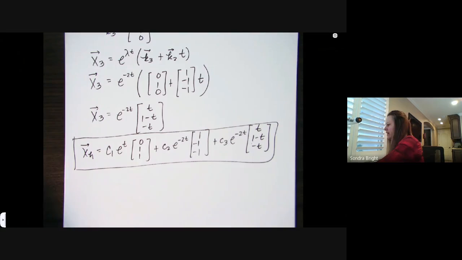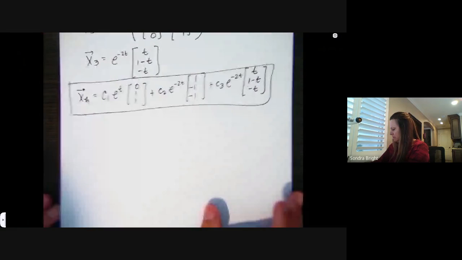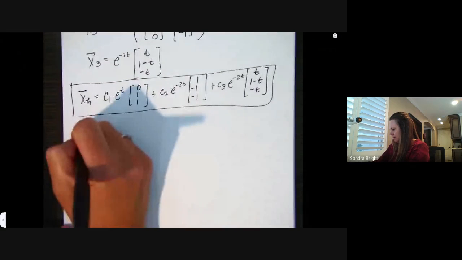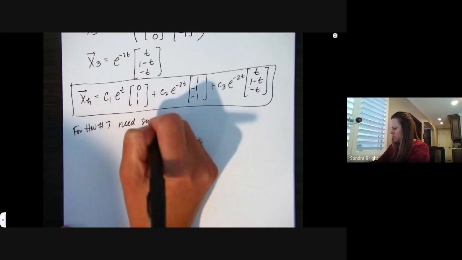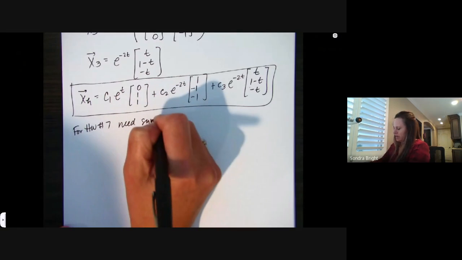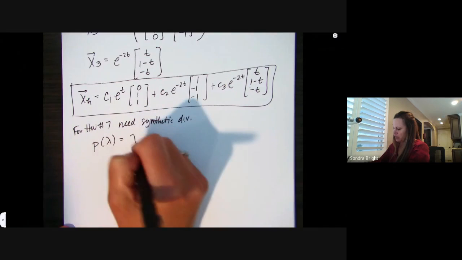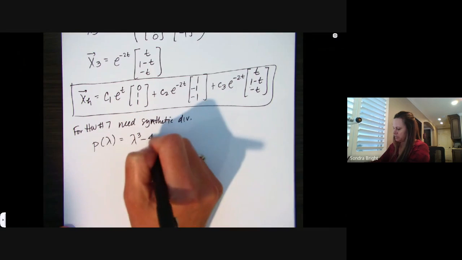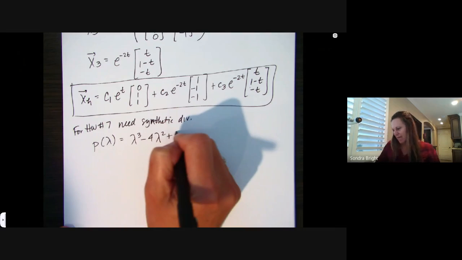One little refresher, because on one of your homework problems, you're going to need synthetic division. So let me just do a quick synthetic division. Do you remember? If you have something like lambda cubed minus 4 lambda squared plus 5 lambda minus 2, how do you factor that?